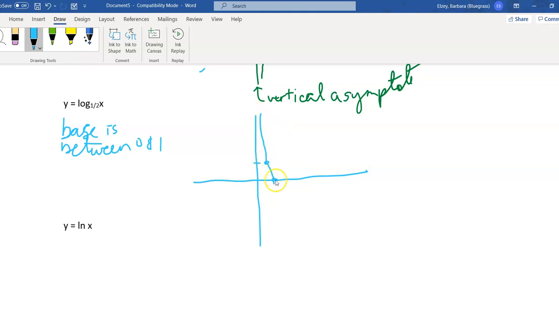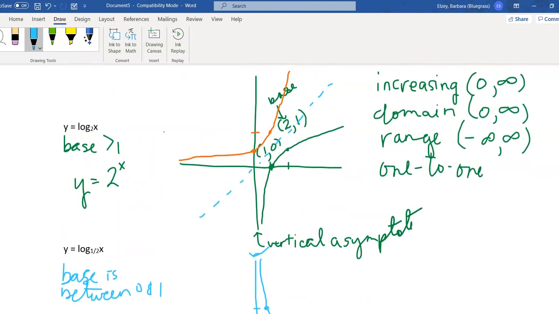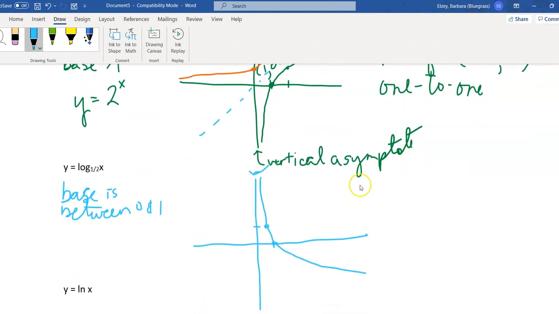Notice it still has a vertical asymptote of the y-axis. It's going very close to the y-axis but never reaches it. So I'll just sort of mark that. All right, but let's note that this graph is not increasing, it's decreasing from 0 to infinity.